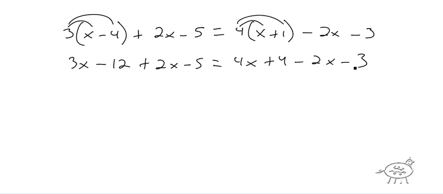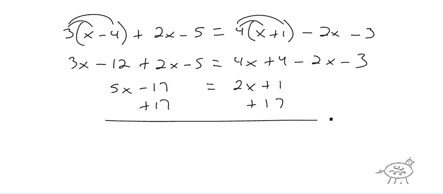Then we combine like terms. 3x plus 2x is 5x. Negative 12 minus 5 is negative 17. And 4x minus 2x is 2x. 4 minus 3 is positive 1. Now this is just like the old days, from a few minutes ago. It is just moving things to one side or the other. I'm going to add 17 to both sides.